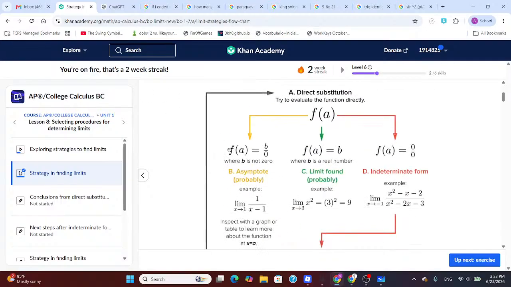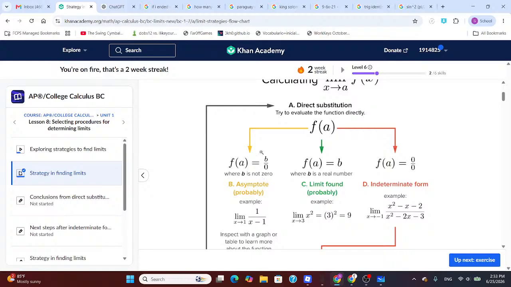When you do direct substitution, you get three outcomes. You get a number over 0, which probably means that there's an asymptote of some sort. The example is the limit as x approaches 1 of 1 over x minus 1, where you get 1 over 0. The second option is you get f of a is a real number.